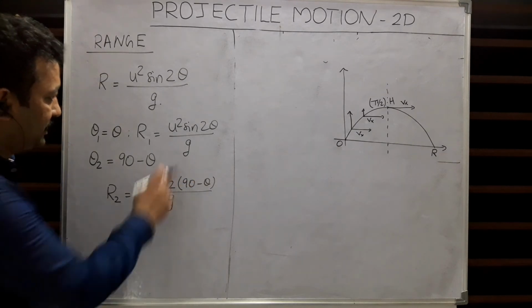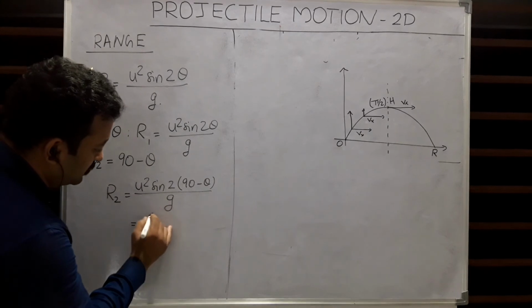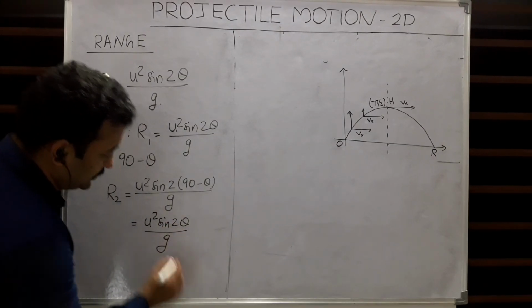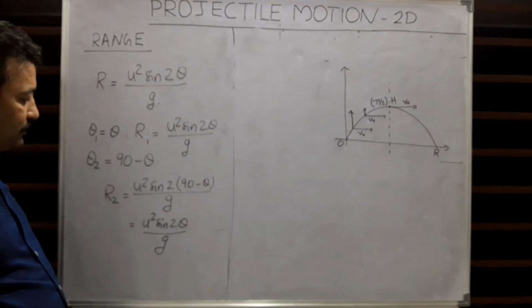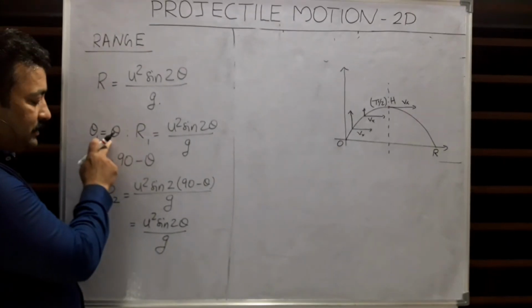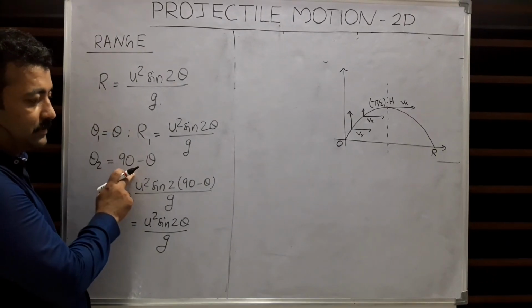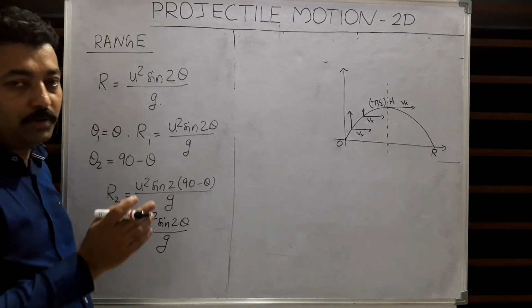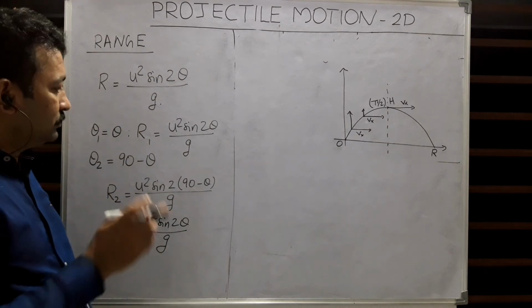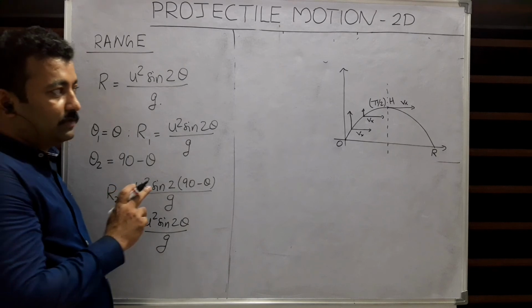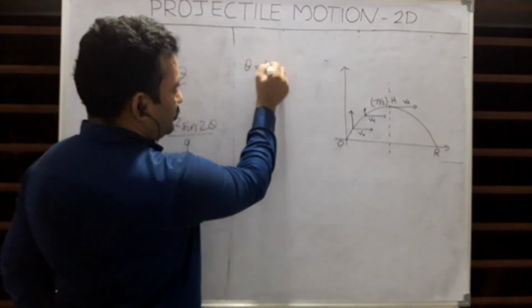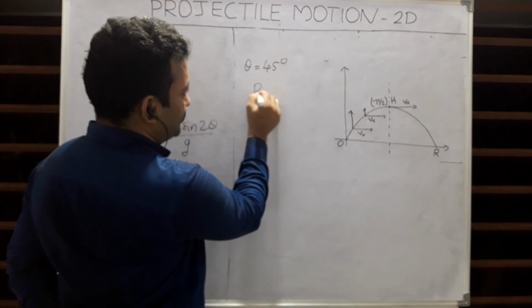That also gives the same value, u square sine 2 theta divided by g. So what is the observation? For an angle theta and 90 minus theta, the ranges are equal, or we can say that for complementary angles, the ranges are equal. And for theta equal to 45 degree, the range is maximum.